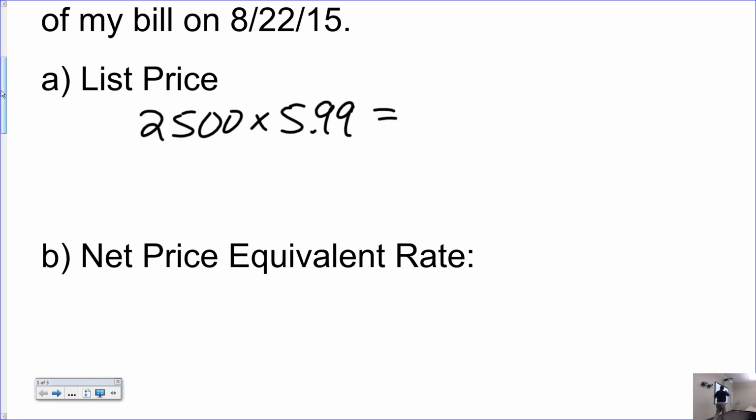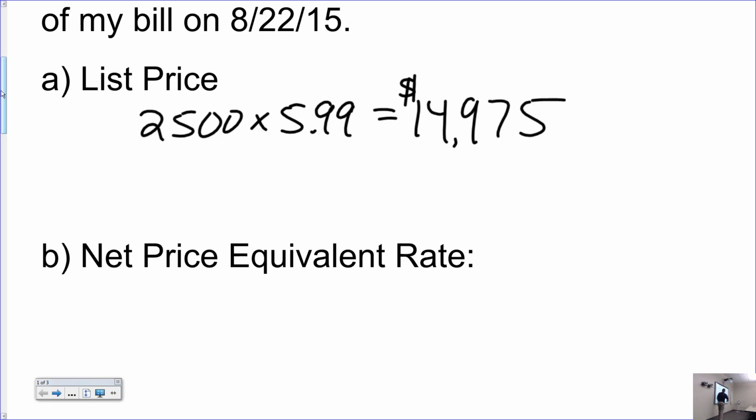So in theory, what's our list price? 14,975. Yes. All right. And again, remember, technically that's our revenue, right? That's what we're going to sell these shirts for once we have sold all 2,500 of them in theory.